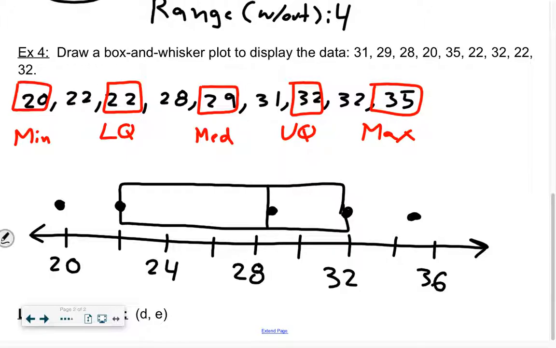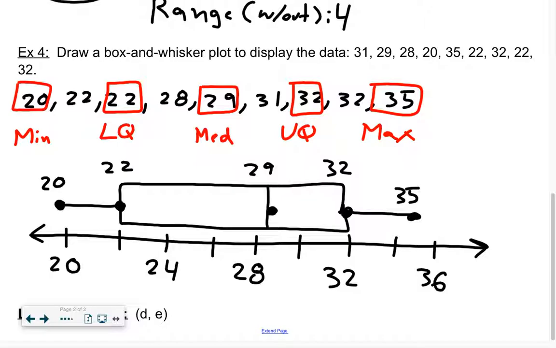Vertical line right through that point if you want to. I should have been over a little bit further. Whiskers on the outside. Sometimes what they'll do for you is they'll go ahead and give you the exact values if our scale happens to be smaller. So they will write these numbers on top. That way there's no confusion as to what they are.